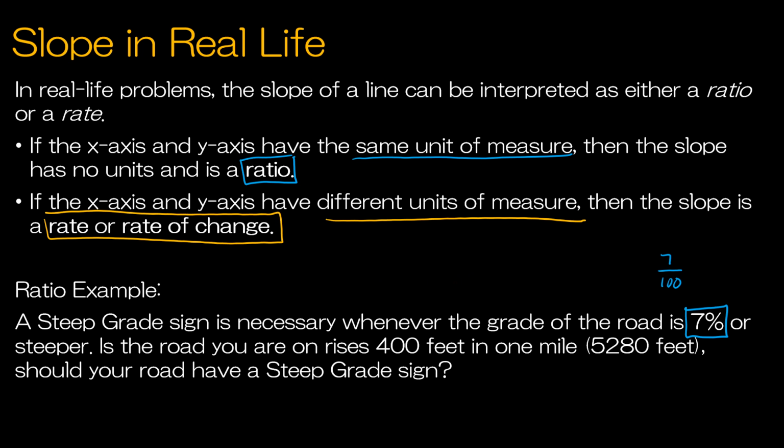So instead, let's just use the 7%, and let's say, okay, if I have 400 over 5,280, I can simply find that as a decimal, which is 0.0758 or 7.58%. So the question is answered quite easily. Should our road have a steep grade sign? Yes, it should, because it is greater than 7%.